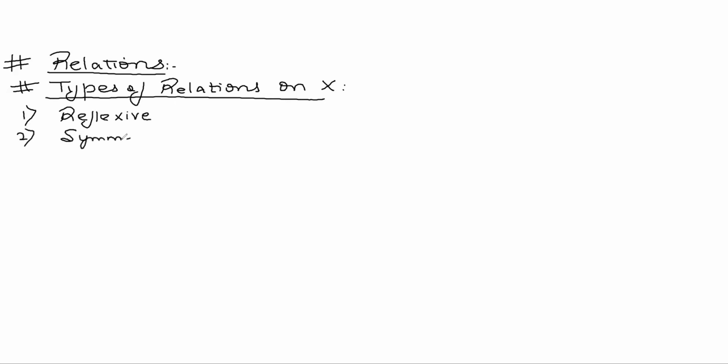Types of relations on X. First was reflexive, second was symmetric, which were covered in the previous lecture.